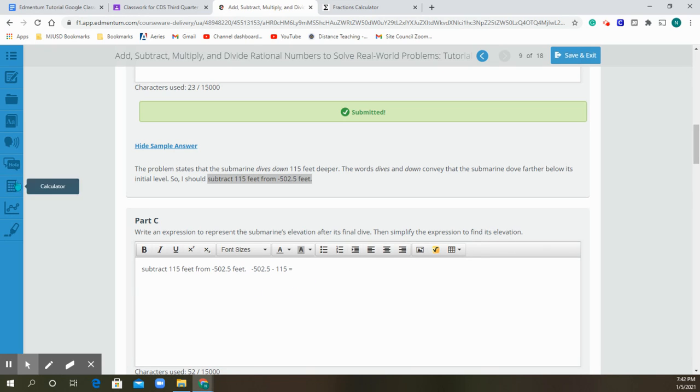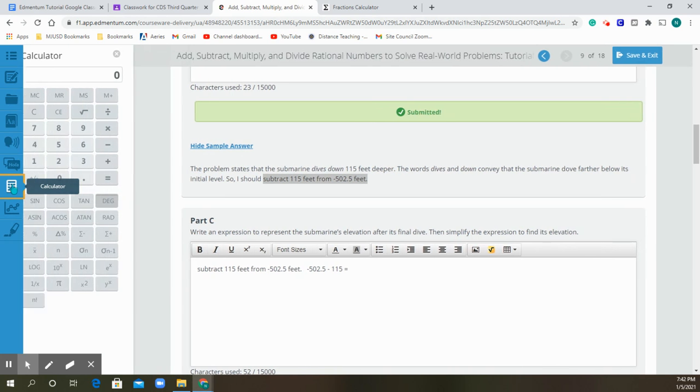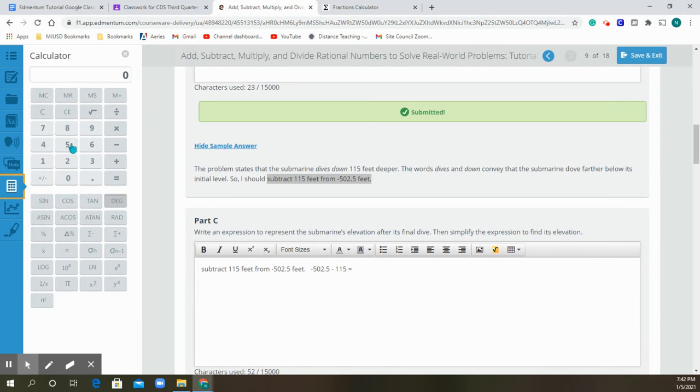Now on your left-hand side over here, you should see a calculator. I do not do math in my head very well, so I use the calculator. 502.5. Yes, that's right. It is negative, so I need to use this button to make it a negative number, because remember, it's below sea level. Then I need to subtract the 115 equals negative 617.5.